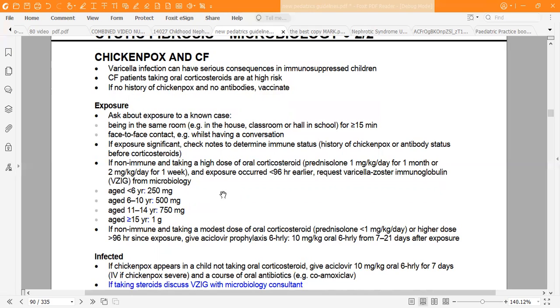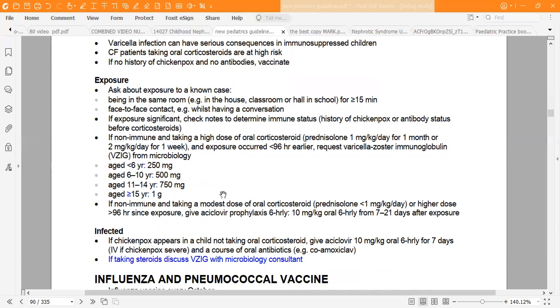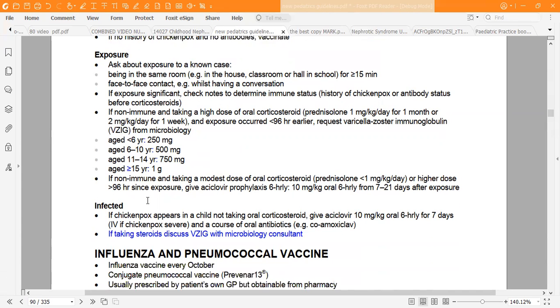If non-immune and taking a high dose of oral corticosteroids, that's prednisolone 1 milligram per kg per day for 1 month, or 2 milligram per kg per day for 1 week, and exposure occurred less than 96 hours earlier, request varicella zoster immunoglobulin. Again, they put the doses in according to age.